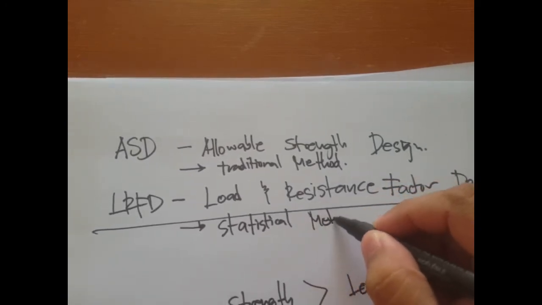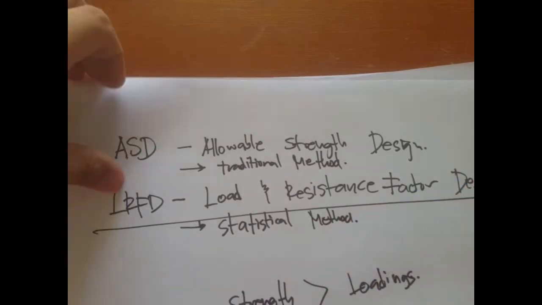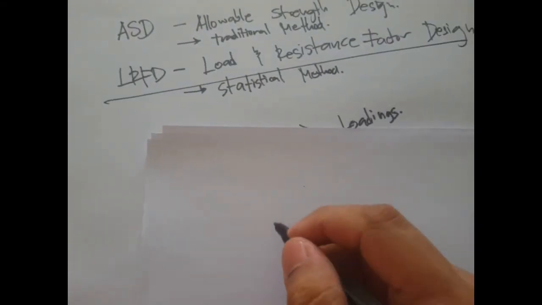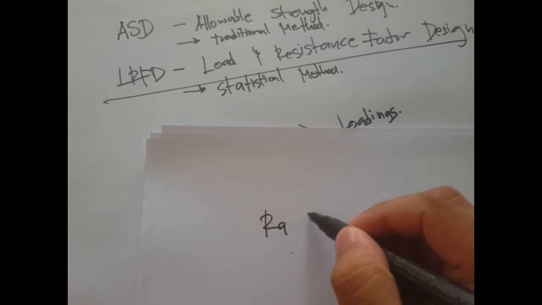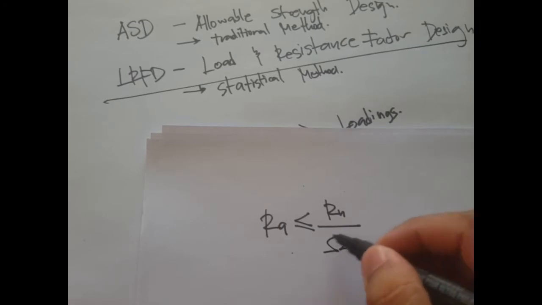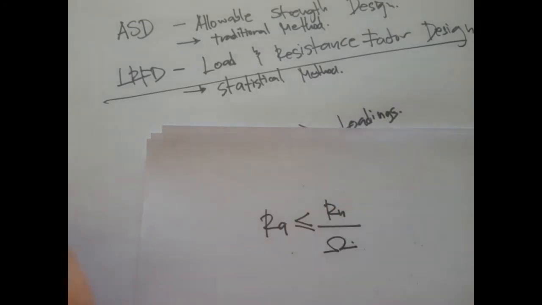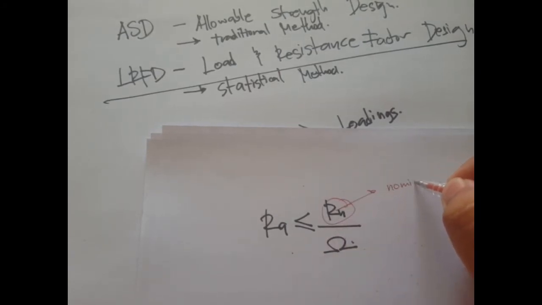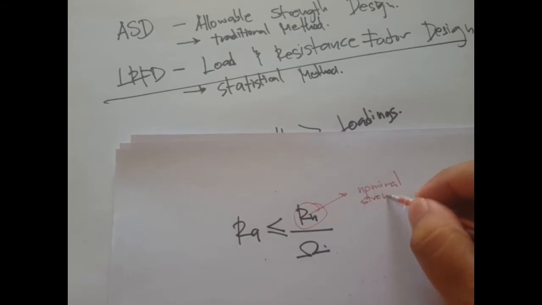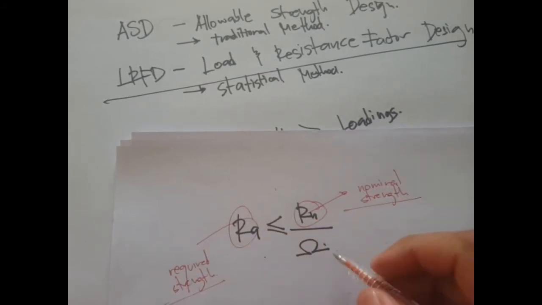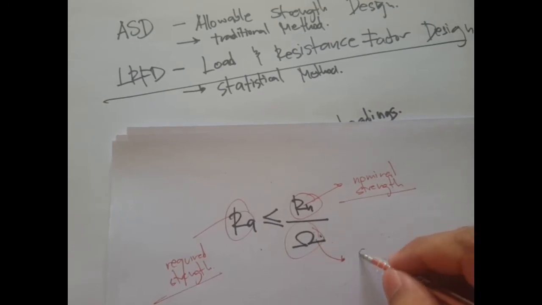Let's say statistical method. For ASD, if you put it in a mathematical expression, it's going to be Ra must be less than Rn over this factor. This Rn is what we call the nominal strength, this one is called the required strength, and this one is what we call the safety factor.